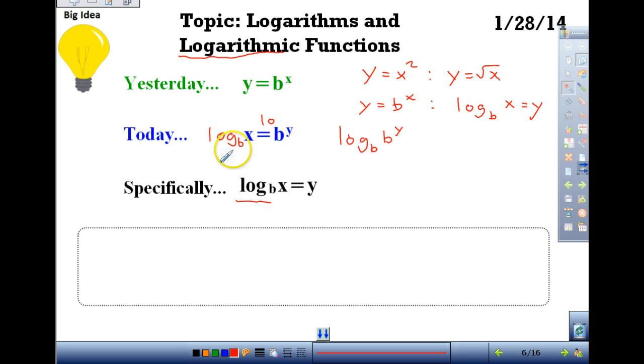Base is b on both of these. All of this just kind of cancels out, and we get y. That's how we get the y left over. And on the other side, we're left with log b to the x.